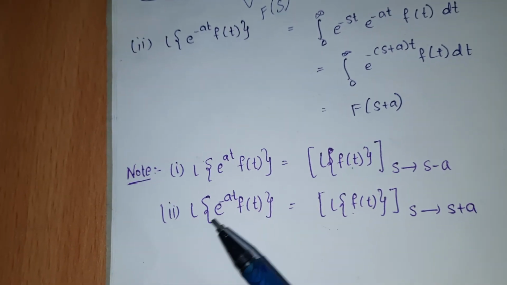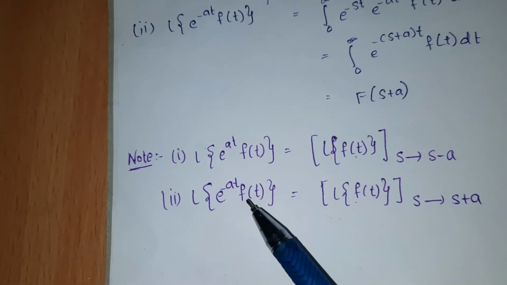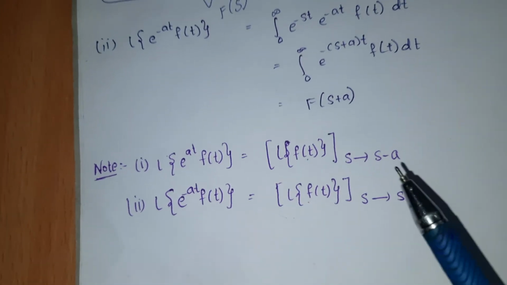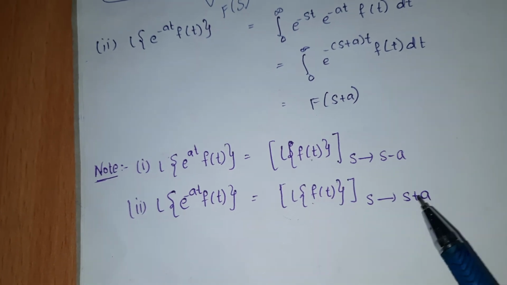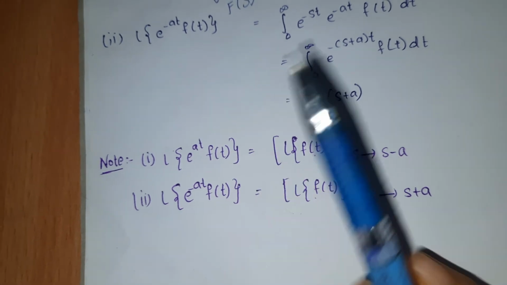And if the question is L of e power minus at f of t, first find the Laplace transform of f of t, then substitute s plus a in place of s, since here we have e power minus at. This is how you do it. Note this.